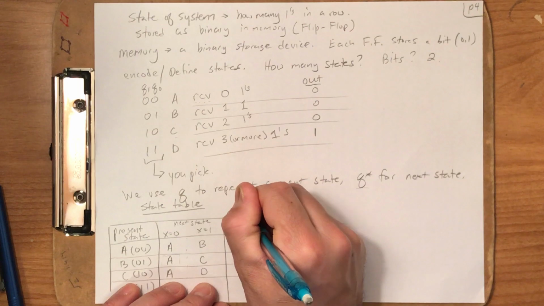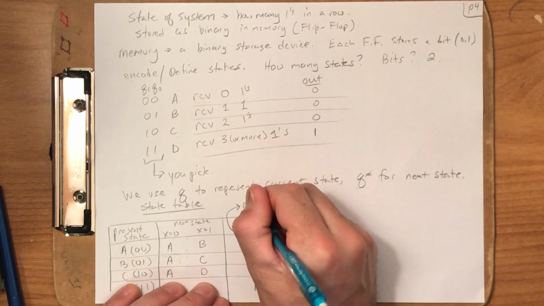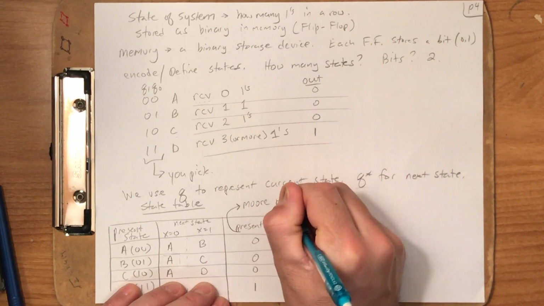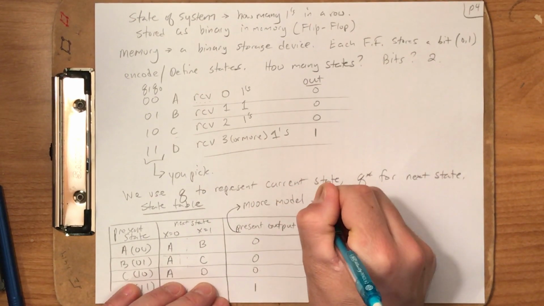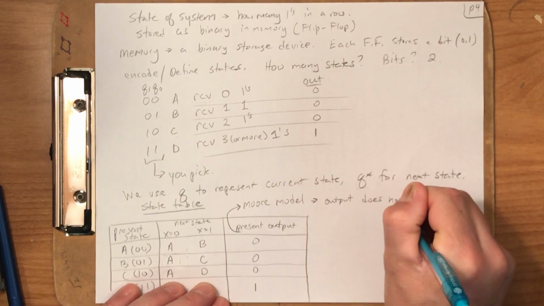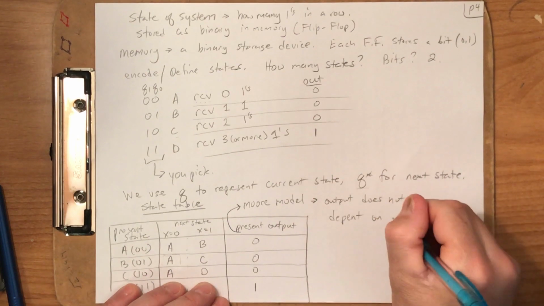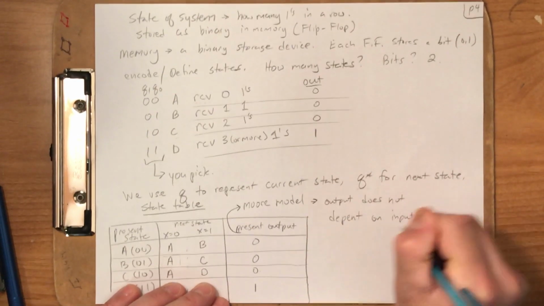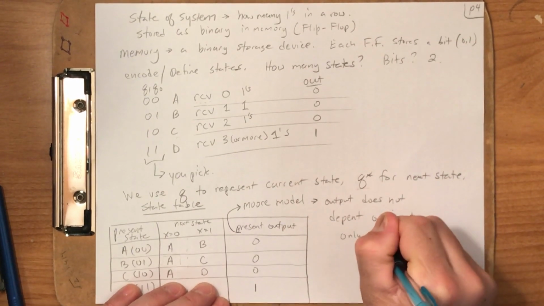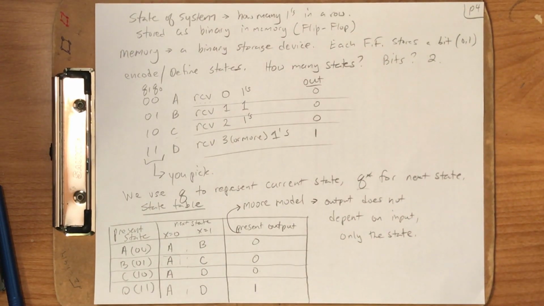We can tell it's a Moore model from this because the output doesn't depend on the input. It only depends on the state.